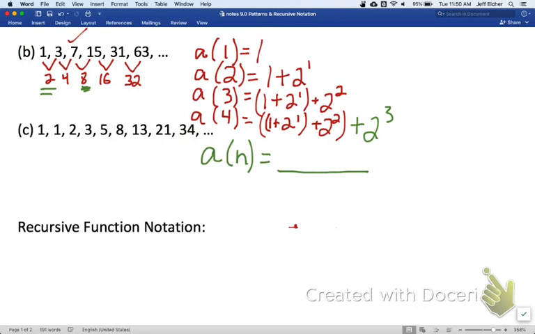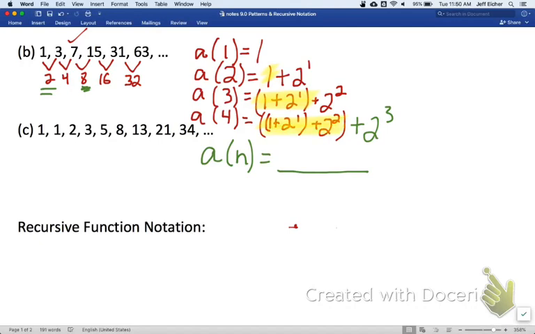So we would like the term before it, so all this stuff right here, we'll start at a of 2. This stuff right here was the term before it. This stuff right here was the term before it. This stuff right here is the term before it.